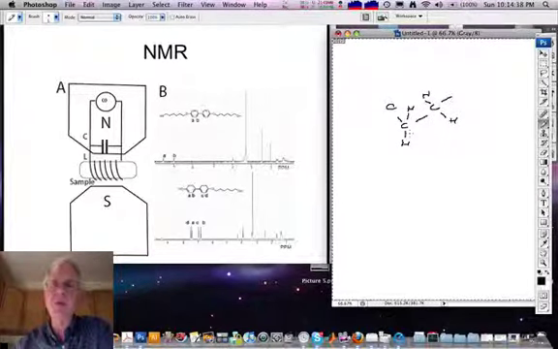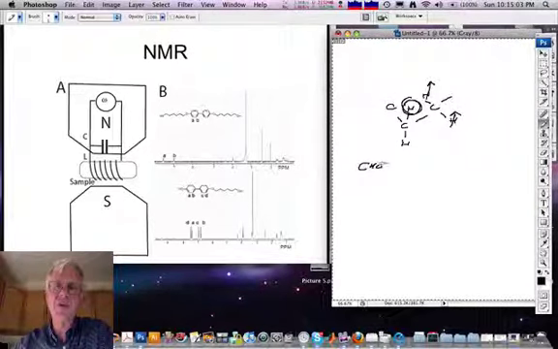If they're in equivalent positions, this isn't true. And each of the neighboring atoms, if they have a spin, also has a magnetic moment associated with it. This, in consequence, changes the local field that our target proton feels and shifts it. And this shift away from what its resonance would be as a free proton is called the chemical shift.